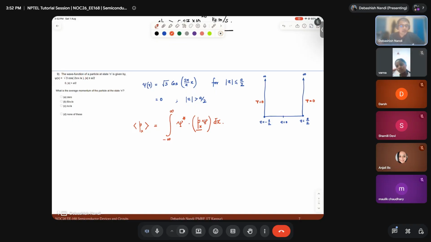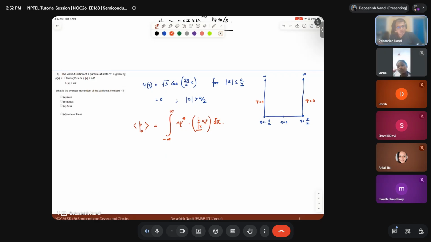The operator part I have discussed in the last session, so you can go and check about it. How from an equation of wave we come about with the operators. We have discussed momentum operator, kinetic energy, potential energy, total energy, time varying total energy, and position operators, right?